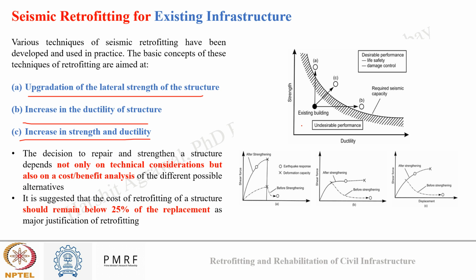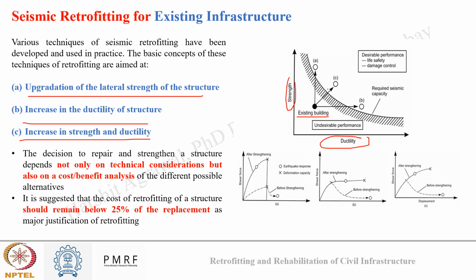Both of them follow a trade-off kind of relationship, which will appear as a parabolic arc, as you can see. So either I need high strength or high ductility. For an existing infrastructure with an undesirable performance, its strength and ductility are below the minimum requirement of seismic capacity.